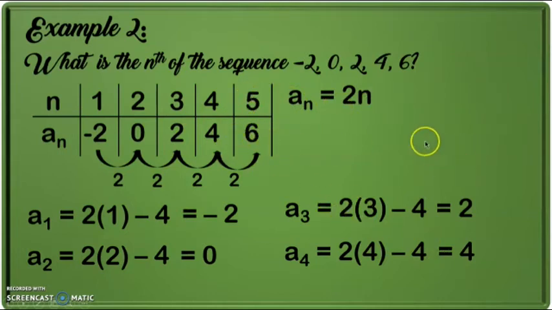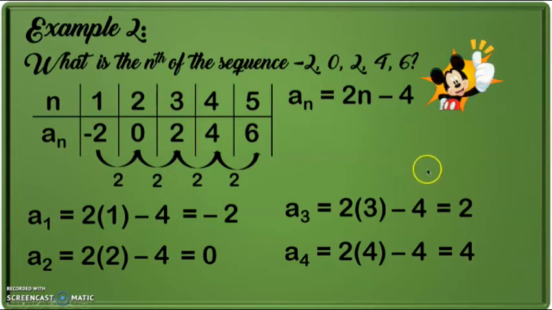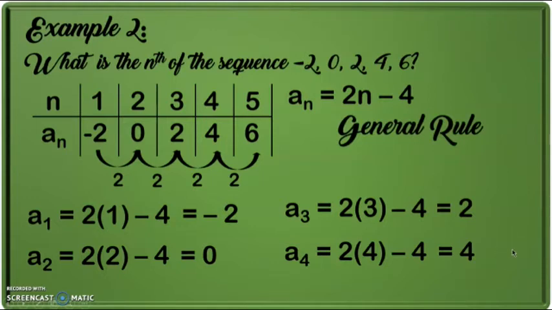So therefore, we should add negative 4, and the general rule for this sequence is a sub n is equal to 2n minus 4.